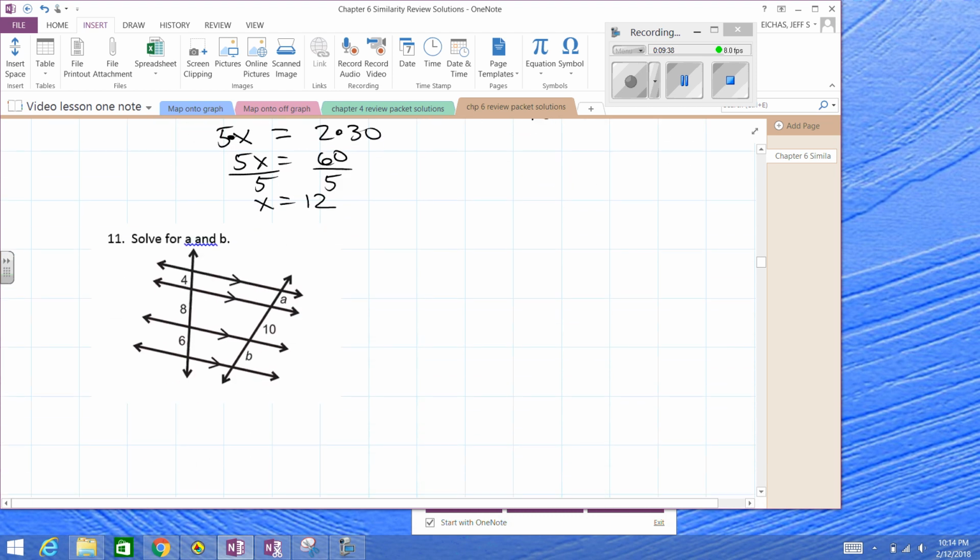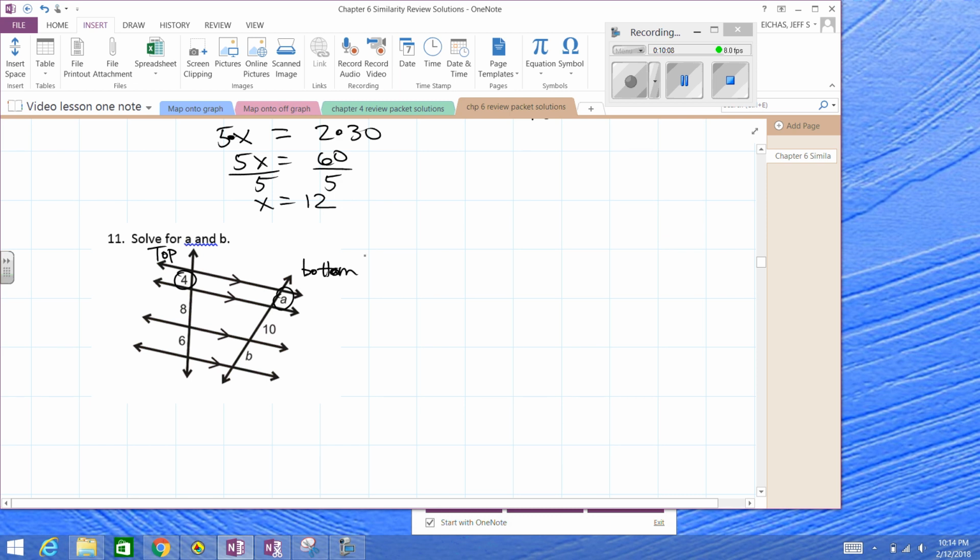All right, let's see, solve for A and B. This is one of those questions where we have parallel lines. Each of these corresponding parts in between are going to be proportional. So I can go with this being the top and this being the bottom side.